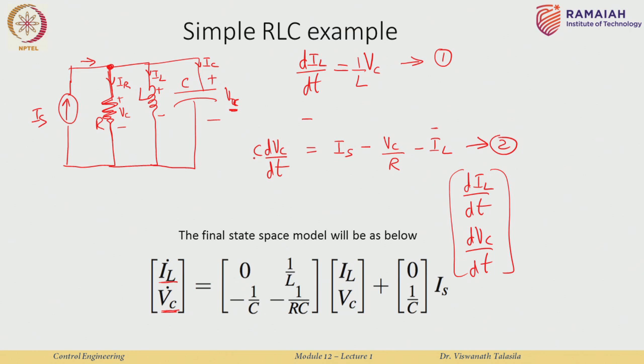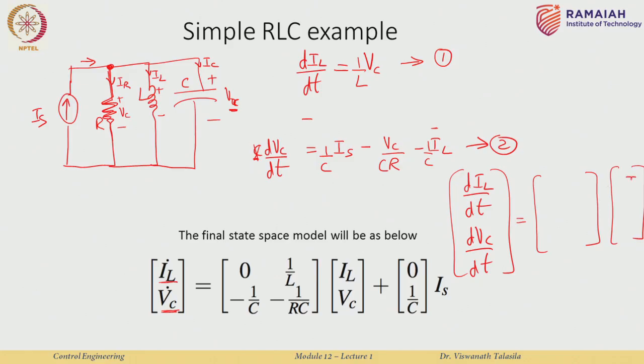Please see here this term C, the capacitance, I will remove it from here and divide it on the right hand side everywhere. So, that is 1 over C Is, 1 over C times R, and 1 over C times IL.